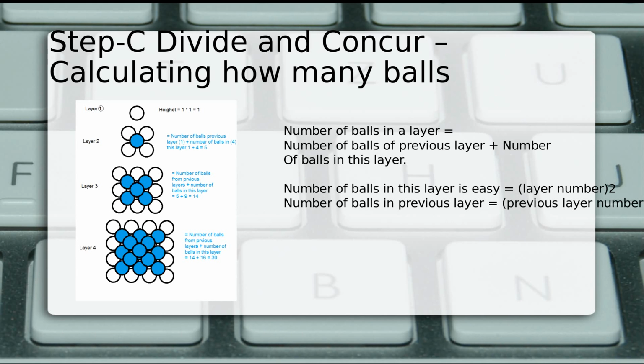So in layer 3, if we want to know how many balls there are, we know that there are 9 plus the balls in the previous layers, layer 2 and layer 1. The number of balls in the layer is easy. It's basically the layer number squared. So 2 times 2 is 4, or 3 times 3 is 9, or 4 times 4 is 16. The number of balls in the previous layer equals the previous layer number, minus 1, squared.